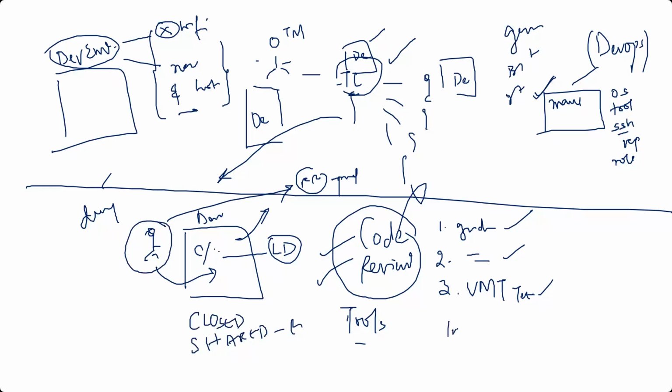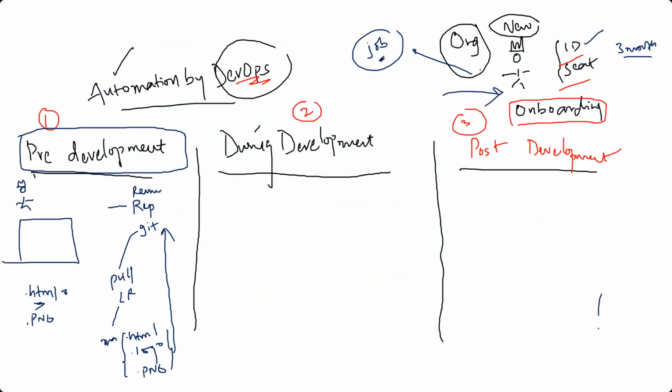One is identity management and infrastructure management. What is identity management? What is infrastructure management? If you recall from the previous slide, the DevOps resource creates all the required activities in the onboarding process, when he creates a dev environment for you.